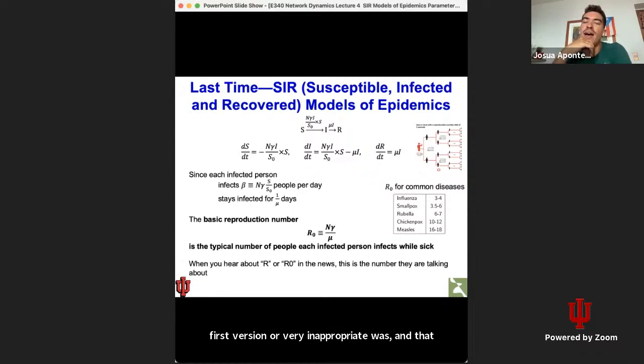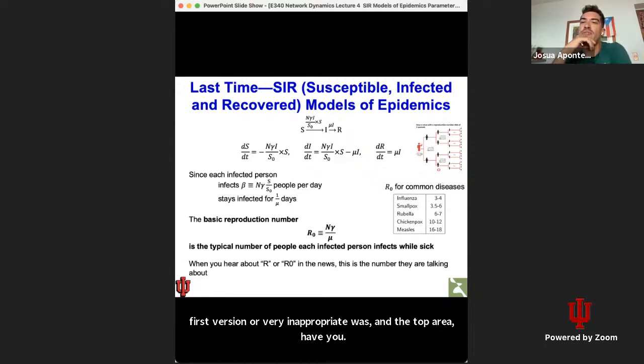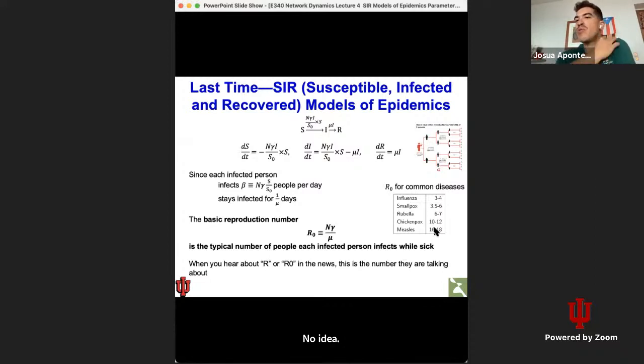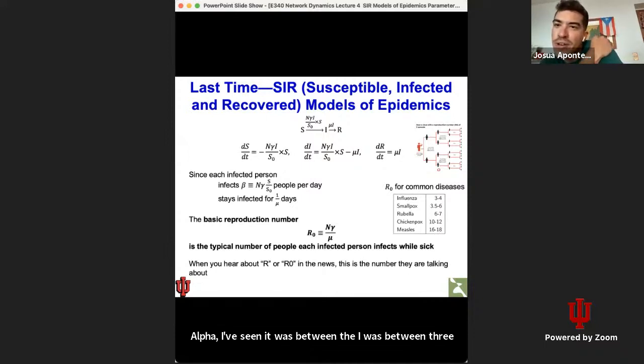Has anyone an idea of what the difference is between R0 for the Alpha variant of COVID and Delta? Alpha, I think it was between 3 and 6, and Delta is like 12.